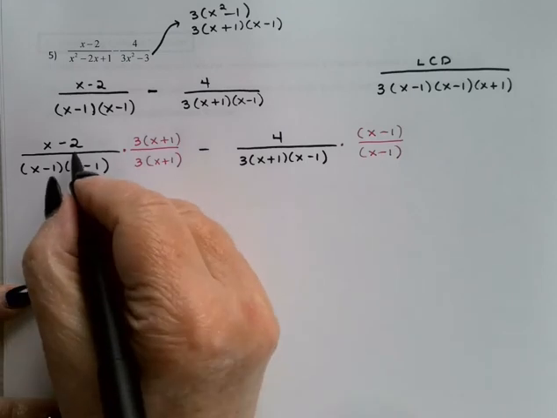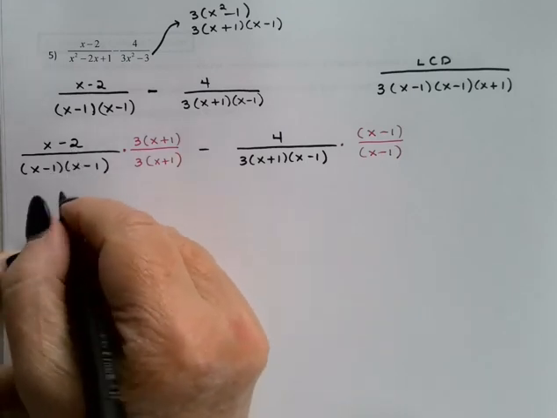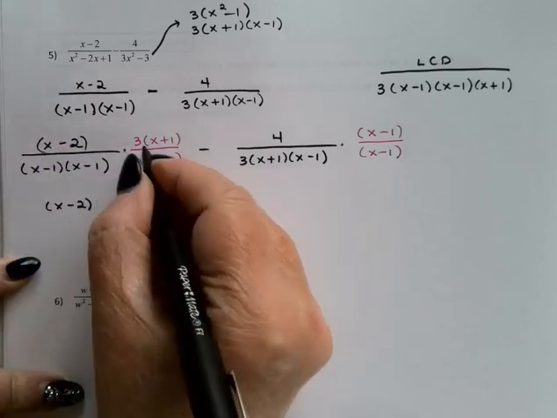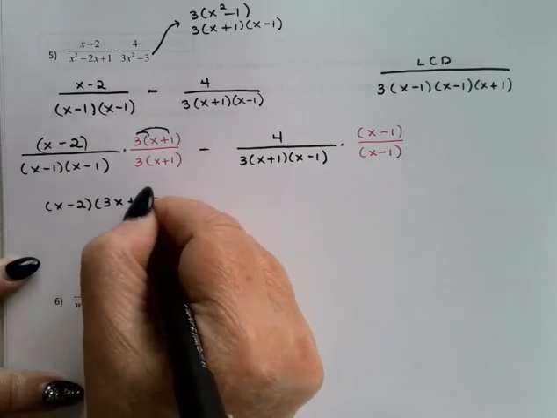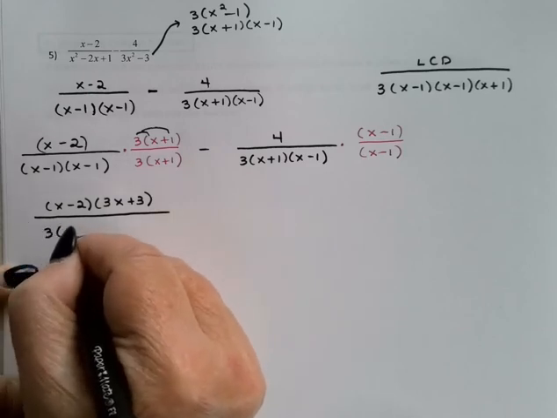And let's see here. In my numerator, maybe I'll take this in a couple of steps. I would have x minus 2 times 3x plus 3 over the common denominator.